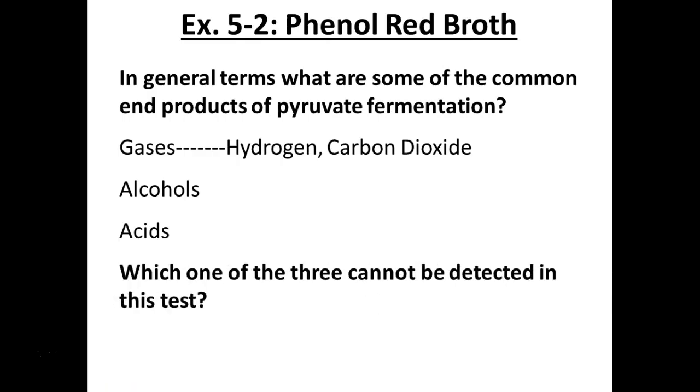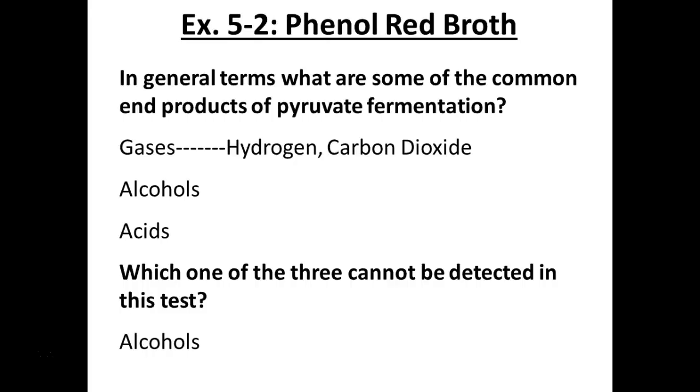Which one of the three can we not detect with the phenol red broth test? Can we detect gases? Yeah, that's why we have the Durham tube, right? Can we detect alcohols? No. Can we detect acids? Yes, because what's phenol red?